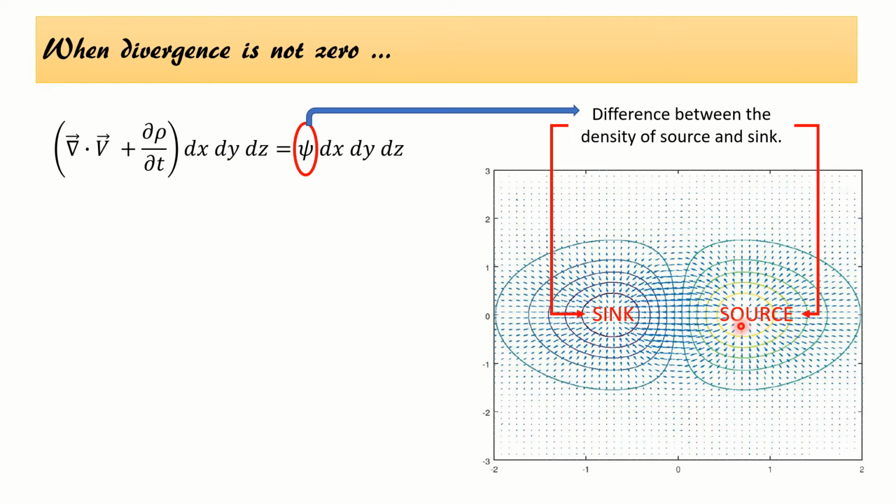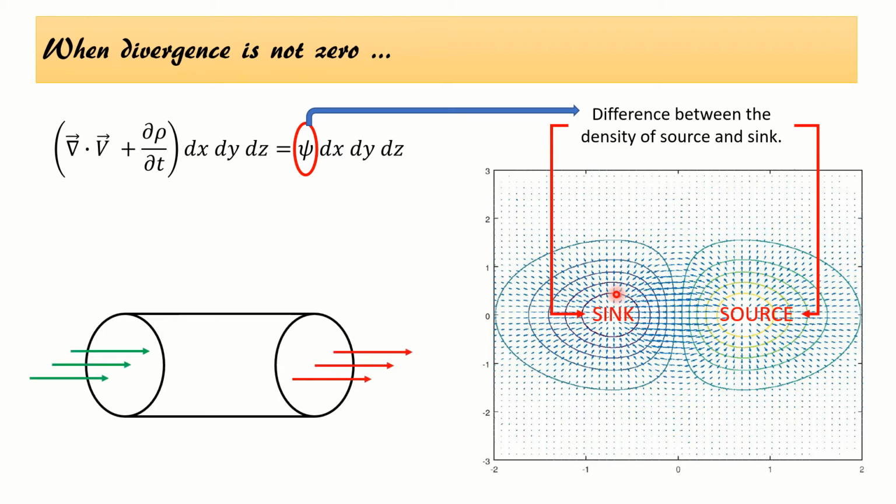And one way to picture this is to consider the case of heat, where the heat goes from a higher temperature to a lower temperature. And the other case is where you have a flow of particles from one side to another.